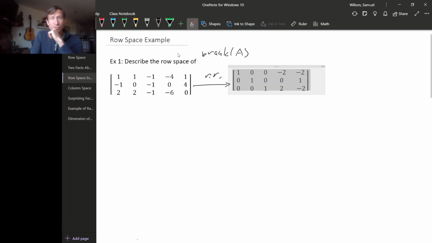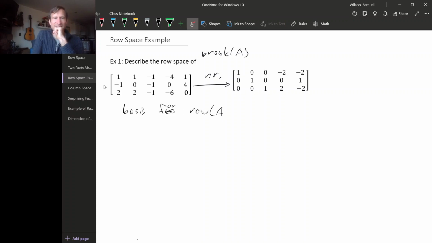For a basis for the row space of our matrix A, we just need to write down the rows of this matrix. We can get a basis just by taking these rows. So 1, 0, 0, minus 2, minus 2.